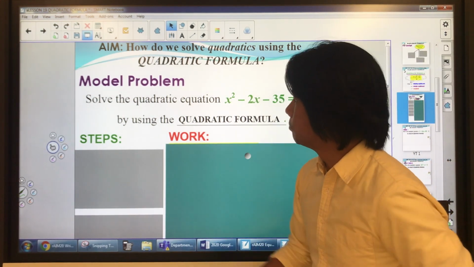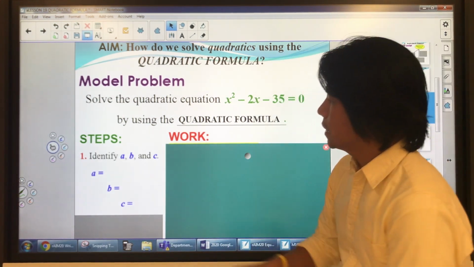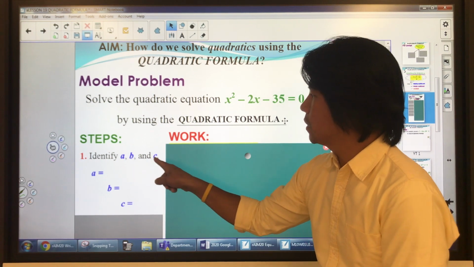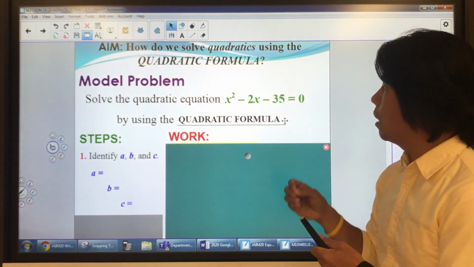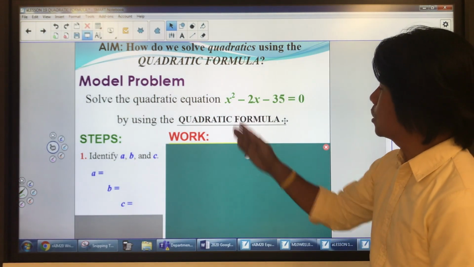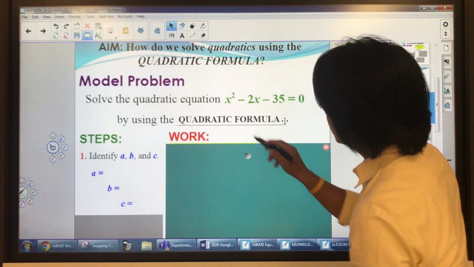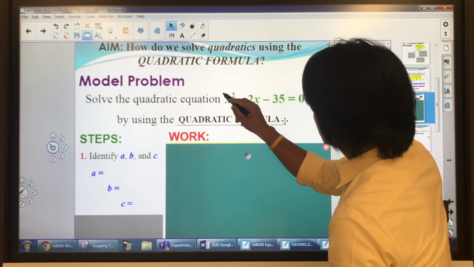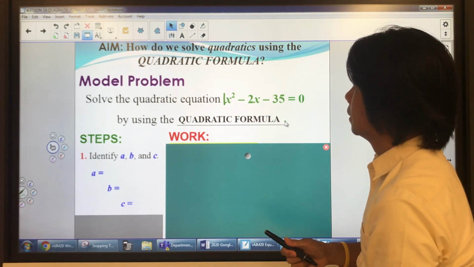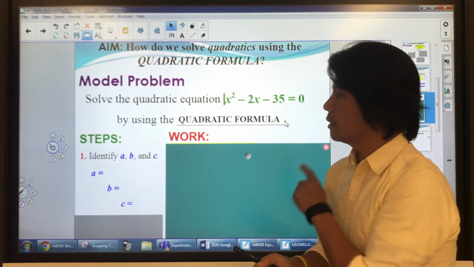Now let's go to the steps. Step 1: identify a, b, and c. a, again, is the coefficient of the quadratic term, or the leading coefficient. In this case, you don't see any number, right? But it's 1 right there. There's a positive 1 right there.